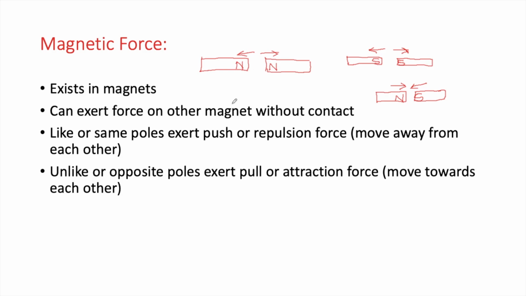Then they will move in opposite directions, pushing each other away, that is repulsion. Or similarly, if you bring the south poles of the two magnets together, they are going to repel each other and move in opposite directions. But if you bring opposite or unlike poles of the two magnets near to each other, that is north-south, they are going to attract each other and move towards each other.